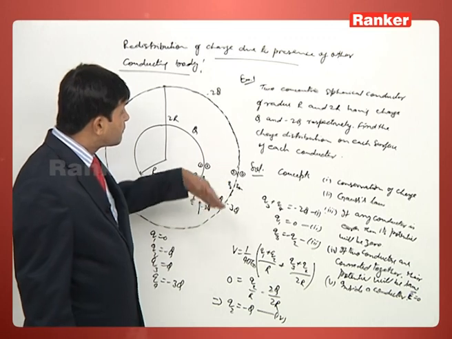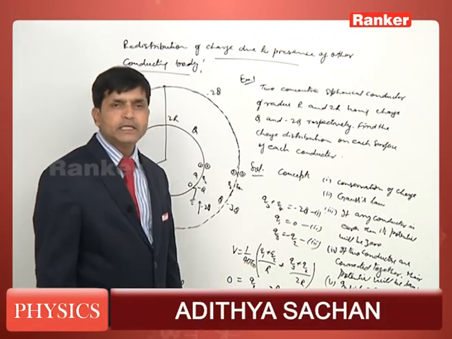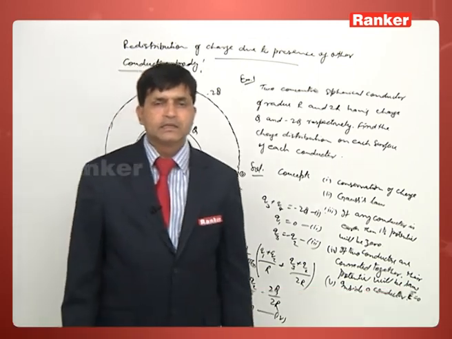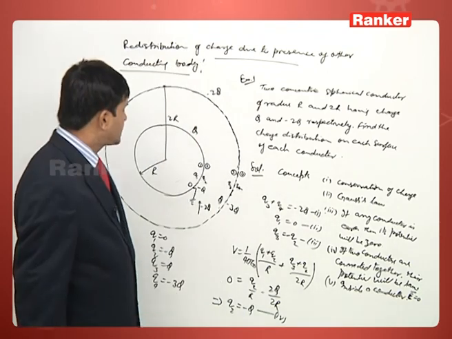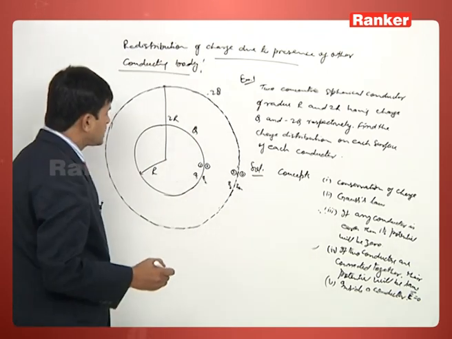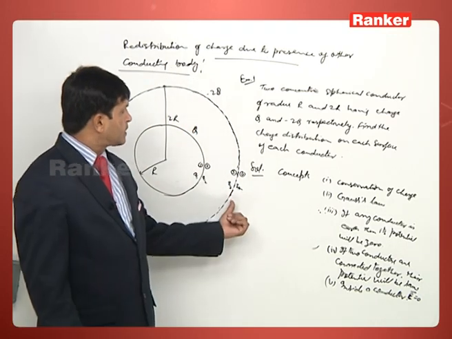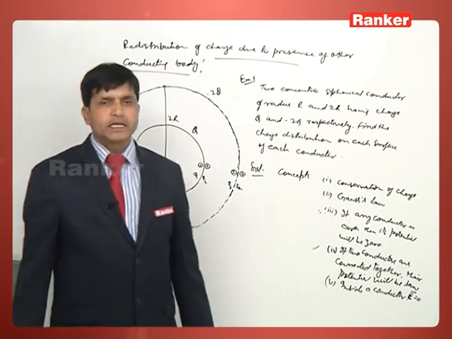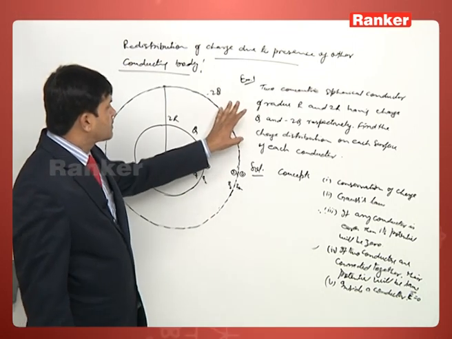Now see the fourth situation. In the fourth situation, I am not connecting any of the conductors to the earth. We are connecting both conductors together, then we can see the effect. We are neither earthing any of the shells, we are just connecting these two shells, keeping all the situations the same.